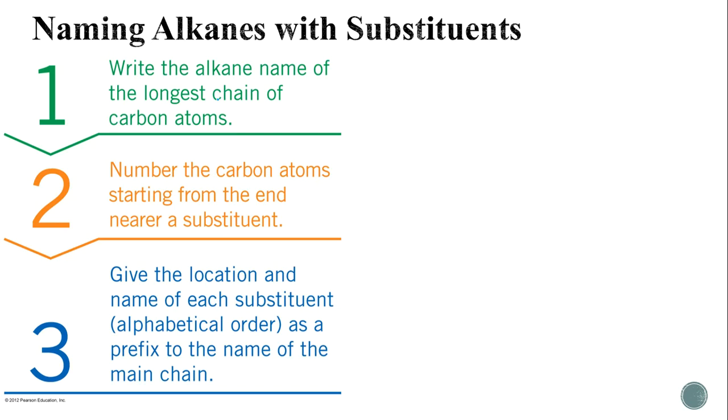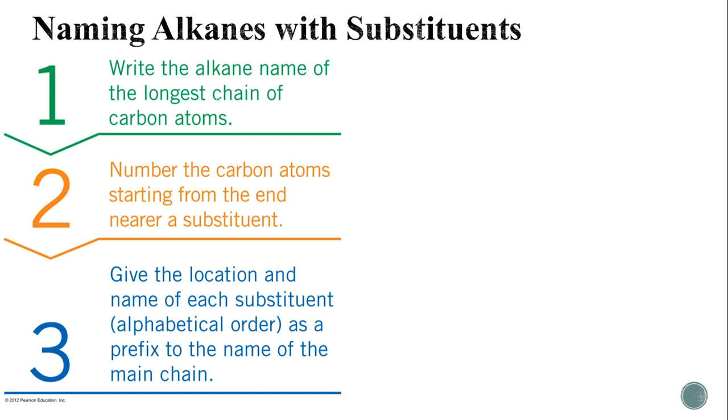Your instinct is going to be to number from left to right. But we want the substituent, the group that we added, to be on the lowest number carbon. So there may be some examples where we count backwards, from right to left, so we need to look at both scenarios.